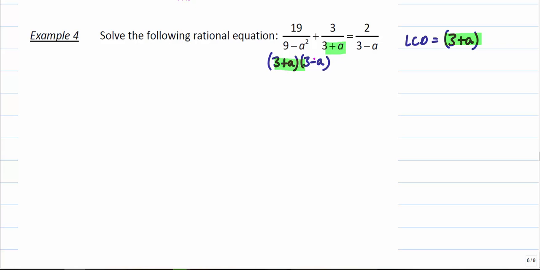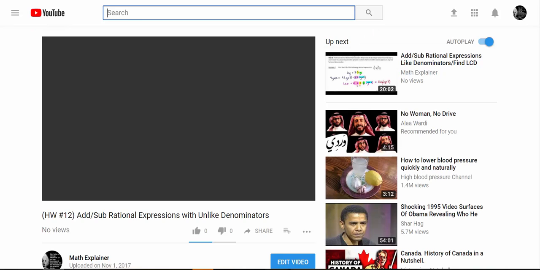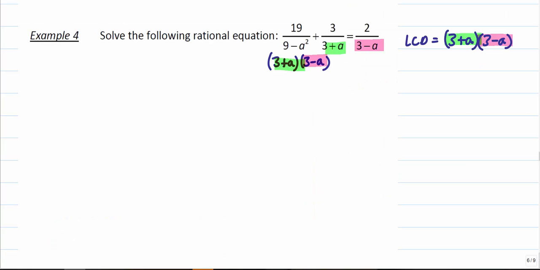And then I see 3 minus a here and here, but the most I see is just 1. And by the way, guys, that was difference of squares, right? That's 3 squared minus a squared. And so it's that formula that we saw way back in the day.